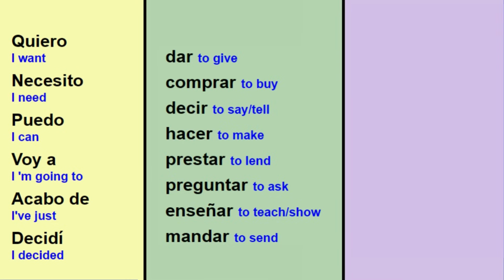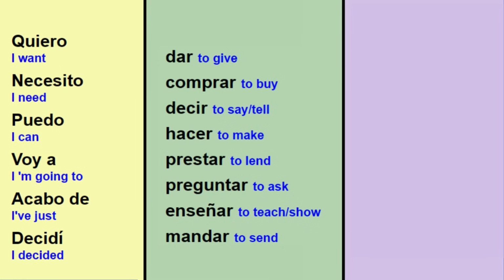Puedo comprarte. It could be, puedo comprarte un teléfono. I can buy you a phone. And how about if I added no? No puedo. I can't. So what would it mean if I said no puedo comprarte un teléfono? I can't buy you a phone.